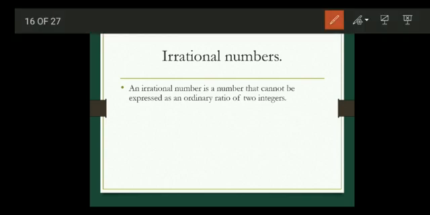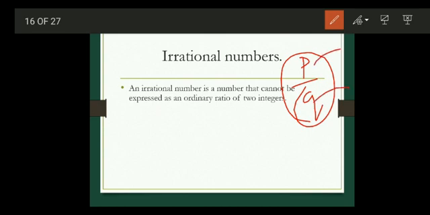If you can write a number in the form of p by q, where p and q are integers, q not equal to 0, then that will be a rational number. If you cannot write a number like this, then that number is an irrational number.